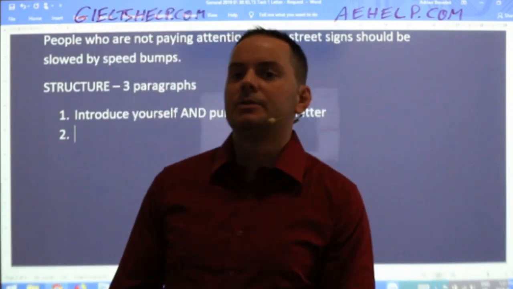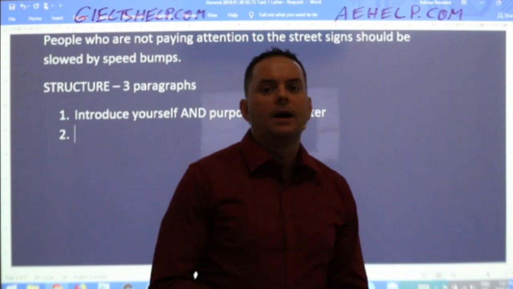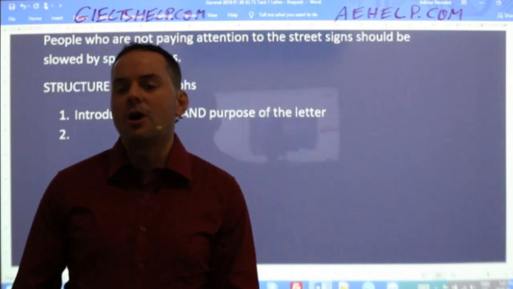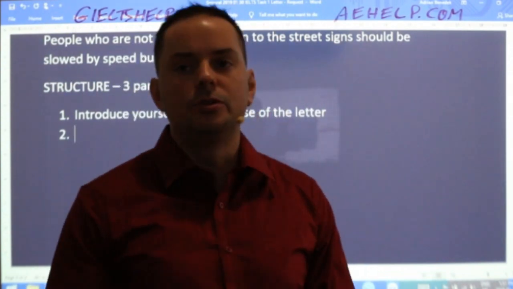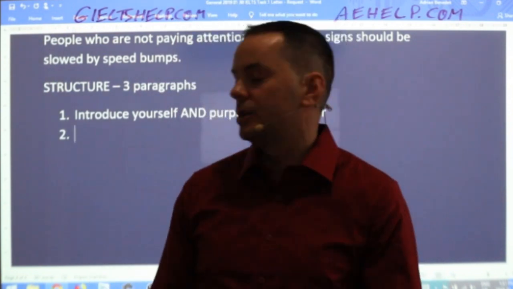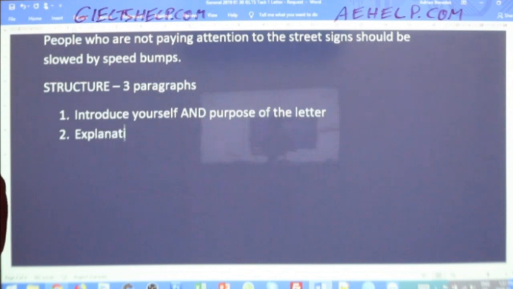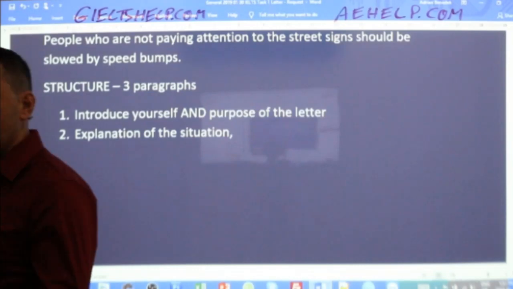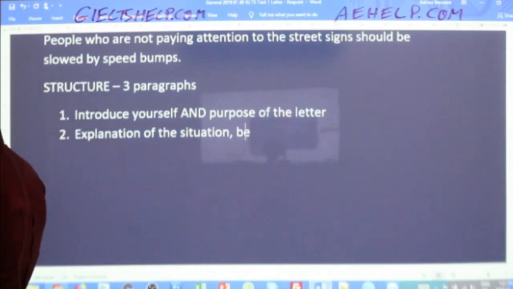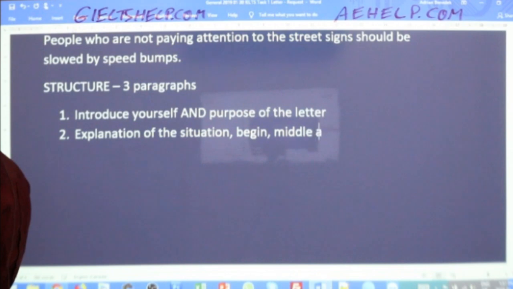Afsana says it's the problem or the solution. If it's a problem or solution, it's the situation, right? It's the explanation of the situation. And narratives, you'll usually find that narrative writing will often have a beginning, a middle, and end.